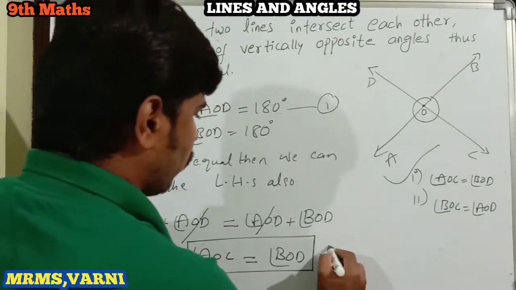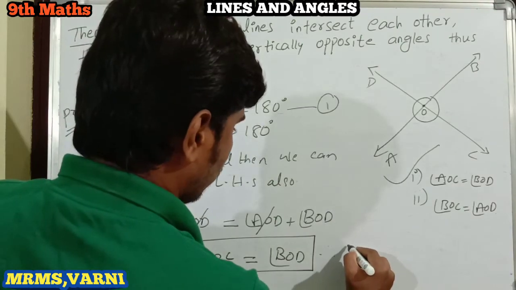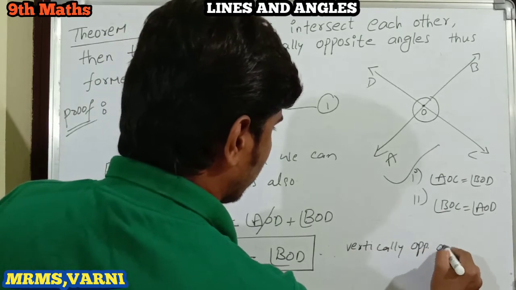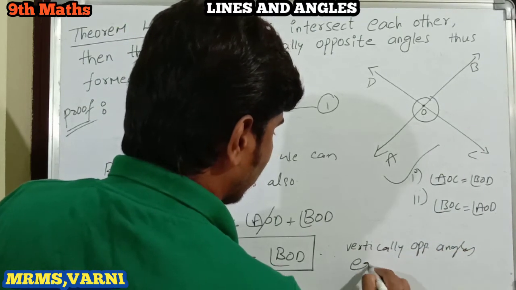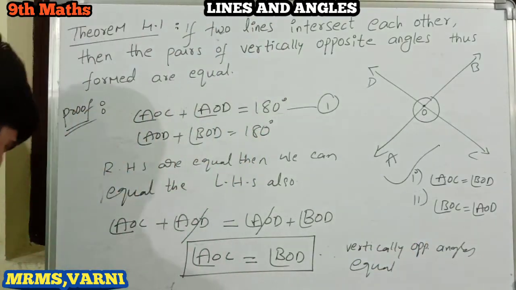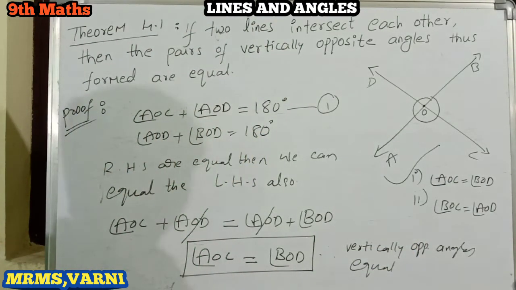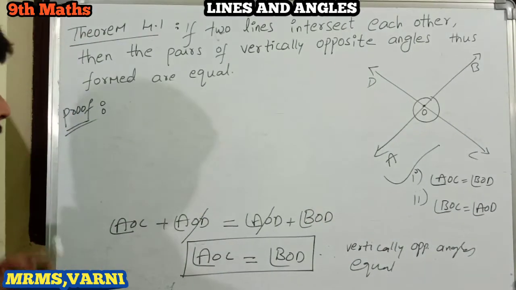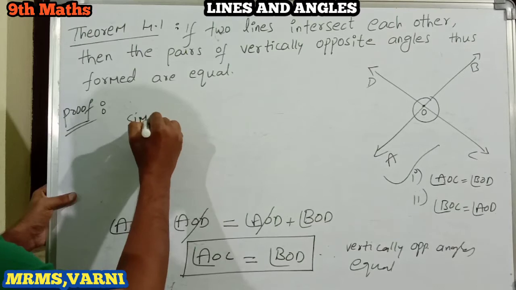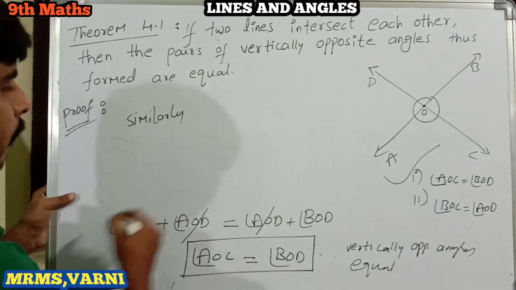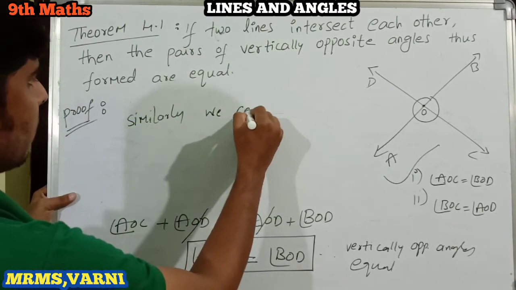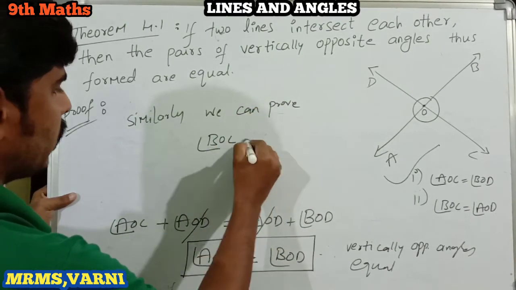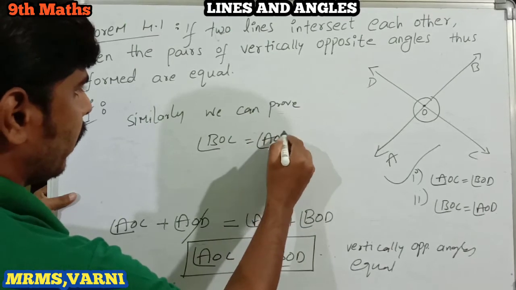Okay, so therefore vertically opposite angles are equal. So similarly we can prove, so we can write here directly: similarly we can prove angle BOC is equal to angle AOD.